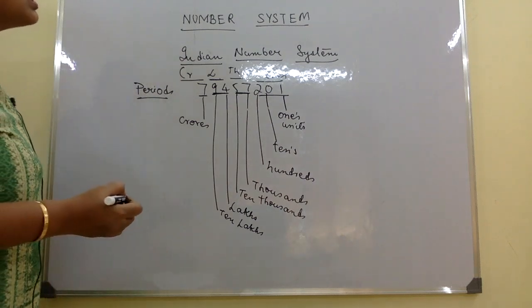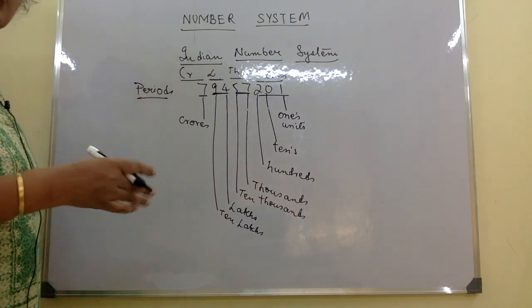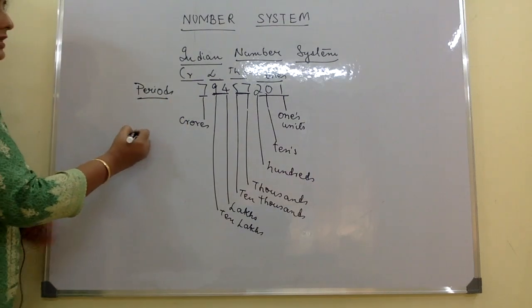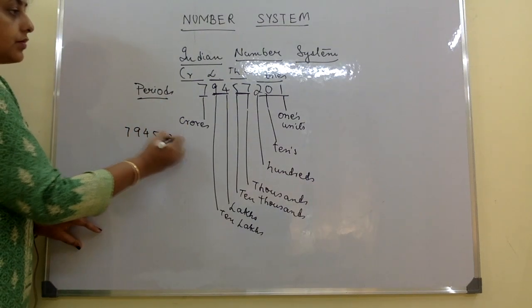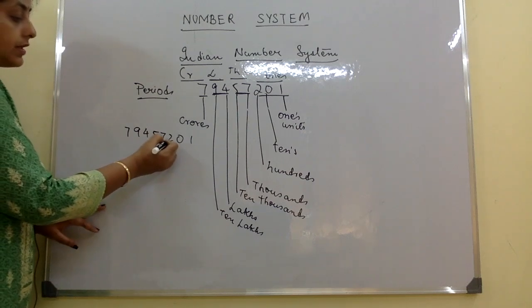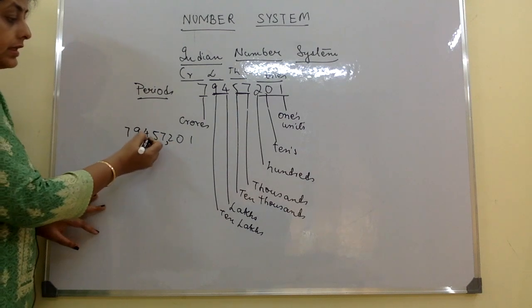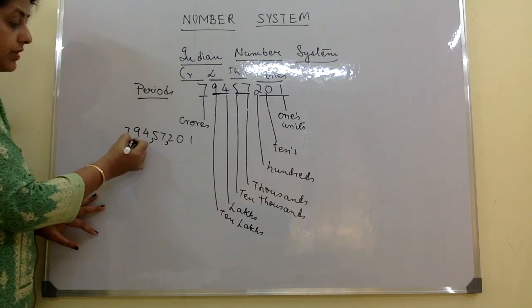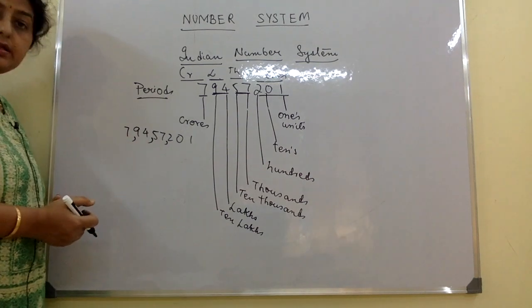Now here we also need to put commas in the right places in order to understand 79457201. So a comma here first, then according to the periods we'll put commas, so it is easy for us to understand.